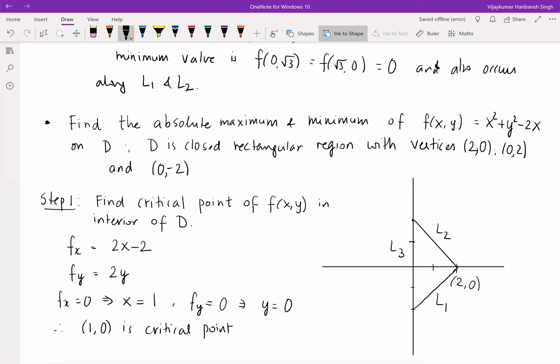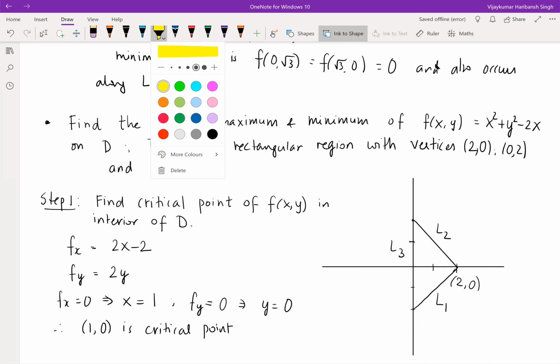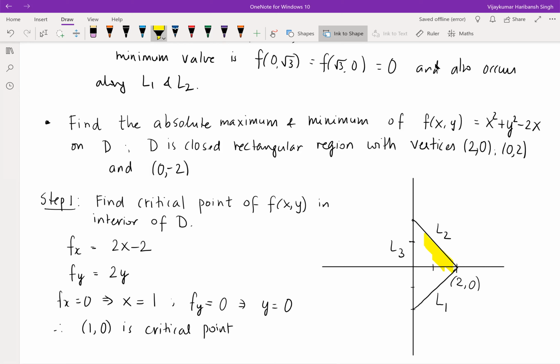Does it lie inside, because what is our region D? Region D is this closed region enclosed by, so this is our region D, including the boundaries. And 1, 0 lies inside, right?